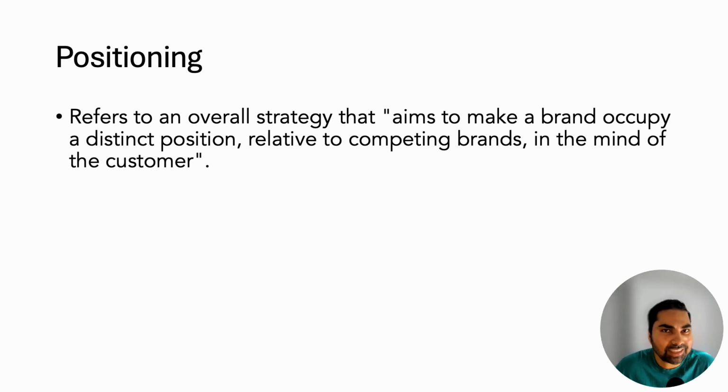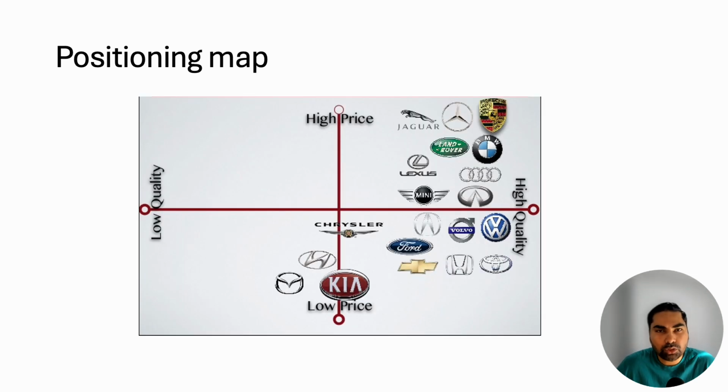I mean, take an example of cars here. This is what I call a positioning map, where we are trying to position ourselves on a two-dimensional space to a particular segment. The segment would be people who want to drive cars, but you can position yourself as high or low on two dimensions, which are price and quality.